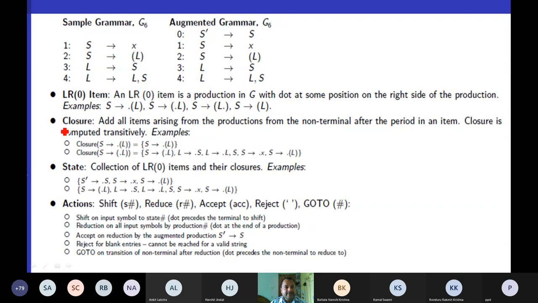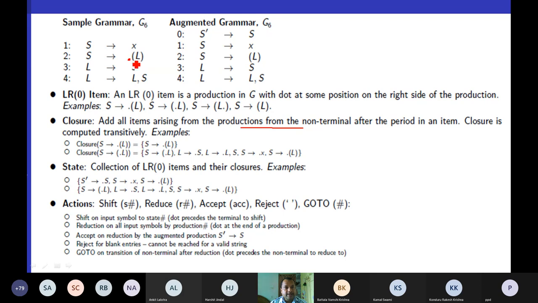Now there is a closure property for the items. It says add all items arising from the productions of the non-terminal after the period in an item. Closure is computed transitively. If you look at the first example, S derives dot (L), my second production rule, with the dot placed at the beginning position.